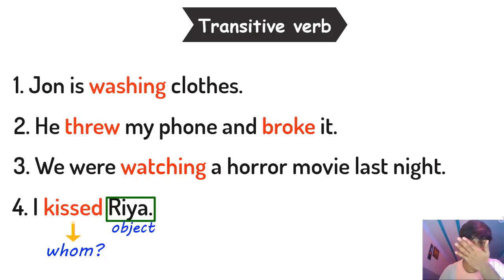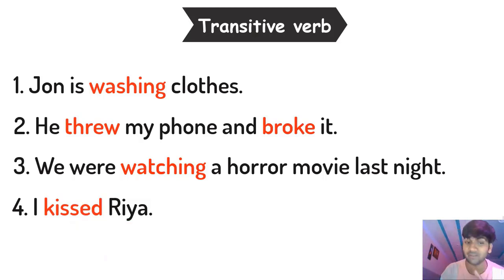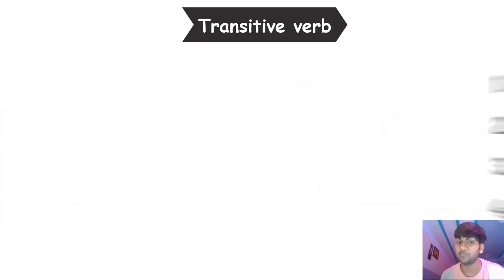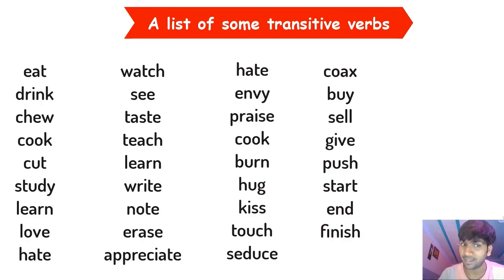I can kiss my hand. I can kiss you. I can kiss my mother. I can kiss my father. So I can perform this action upon something or somebody directly. That means something or somebody can receive this action of kissing directly. That is the object of the verb kiss, right? I kissed Ria.